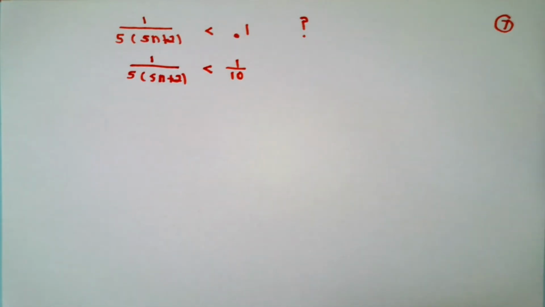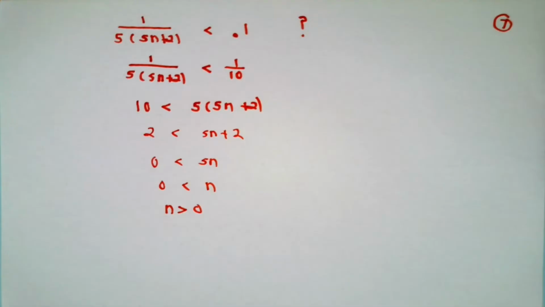Since both 5 times (5n plus 2) and 10 are positive, it's legitimate to multiply both sides of this inequality by 5 times (5n plus 2) and by 10 without altering the inequality symbol any. And I'll find out that the desired inequality is true when n is bigger than 0, which it always is if we start counting our sequence index at 1.